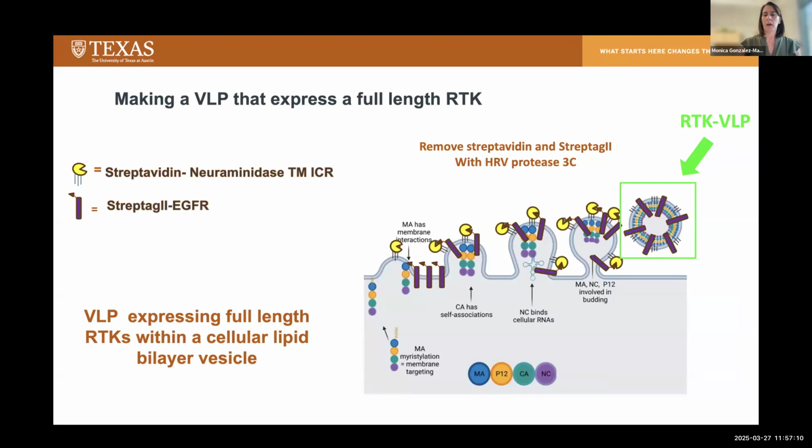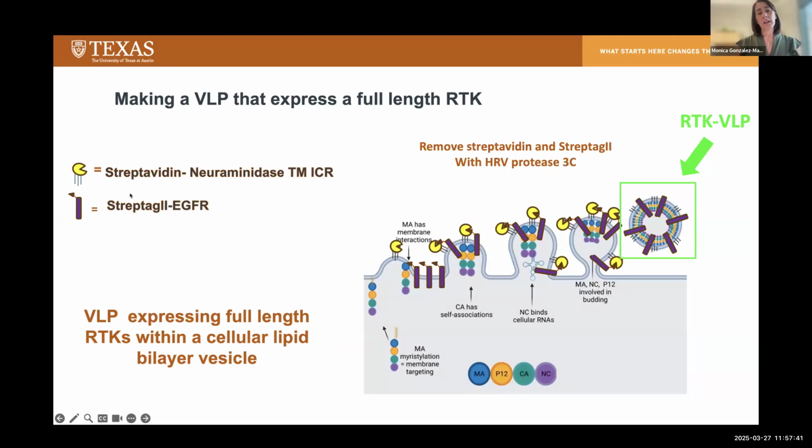We designed a system, since our main interest is to have the full-length receptor. To have it with its transmembrane domain and the intracellular region, we needed some sort of puller to get it into the VLP. So we designed a puller with a transmembrane region of a viral protein that would interact with the Gag and be part of the vesicle.